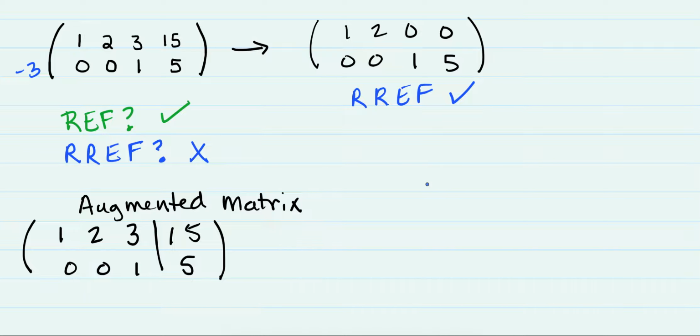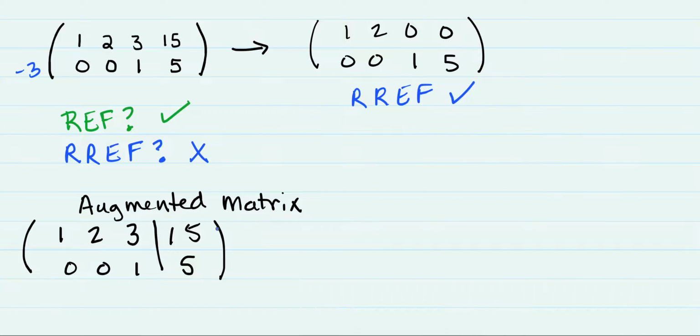Okay, so what's the difference between a matrix and an augmented matrix? I've taken this same matrix and put it right here, but I put a line in between the last column and the rest of the columns. Once we put this line, what we're saying is there is a linear system that corresponds to this matrix.